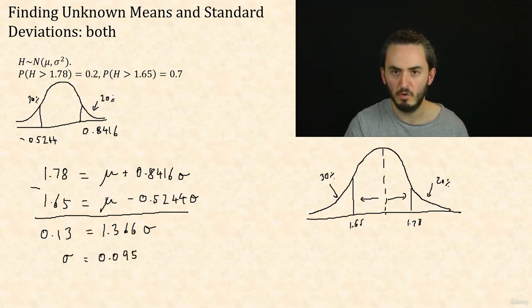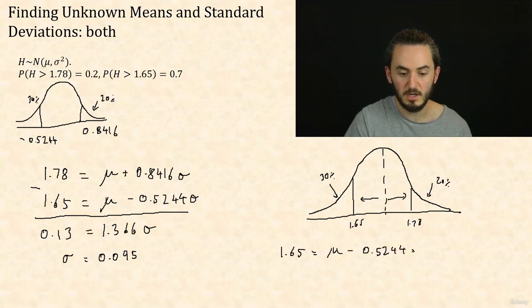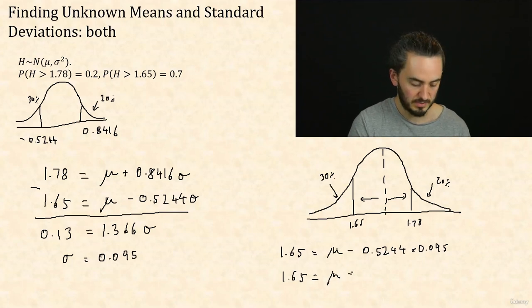I'll keep the more accurate answer on my calculator. Now for the mean, I can say that 1.65 was the mean minus 0.5244 times this standard deviation I just got. So that's 1.65 is the mean minus my standard deviation times 0.5244, which is 0.0499.